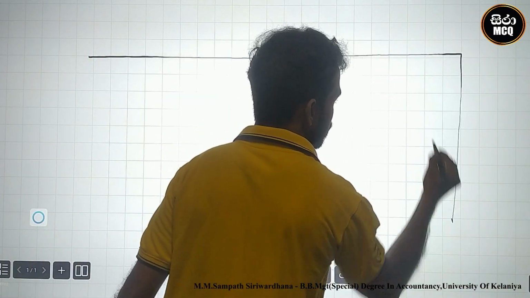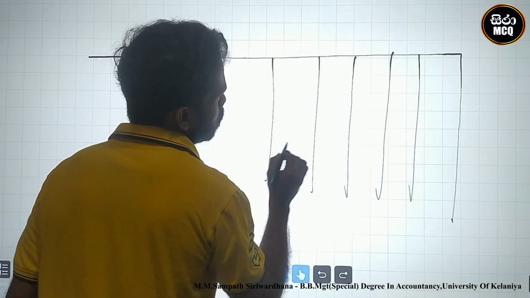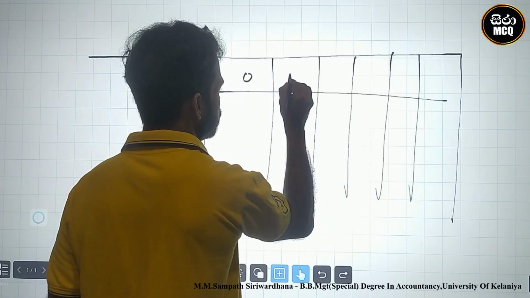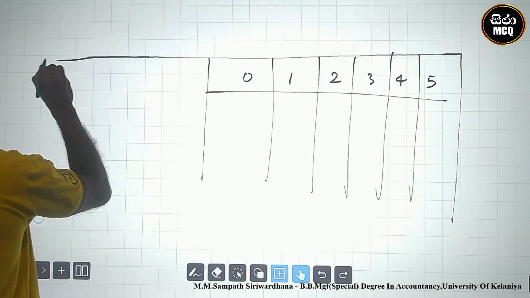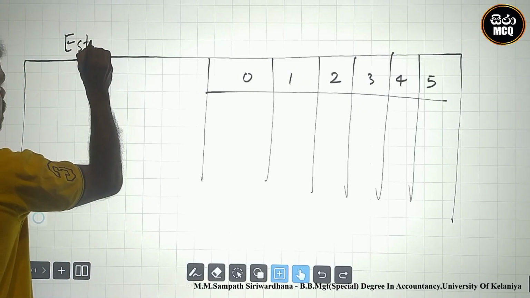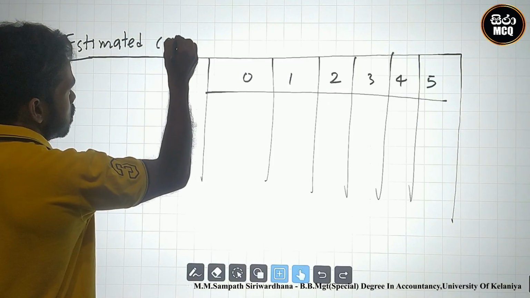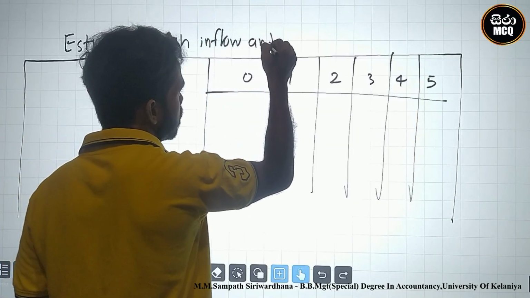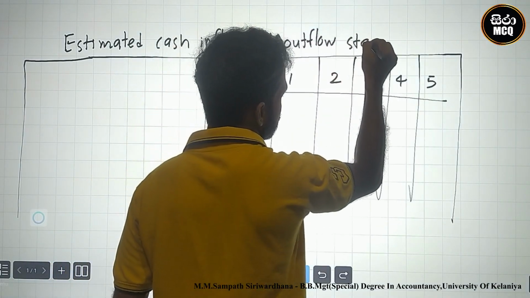Look here, these are the years: year 0, first, second, third, fourth, fifth. You know what the statement is? Estimated cash inflow and outflow statement.